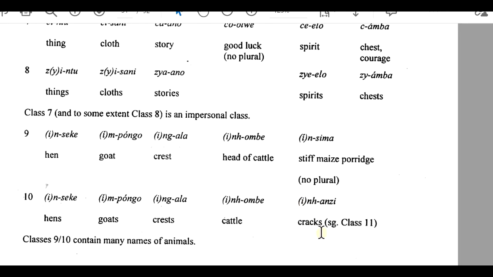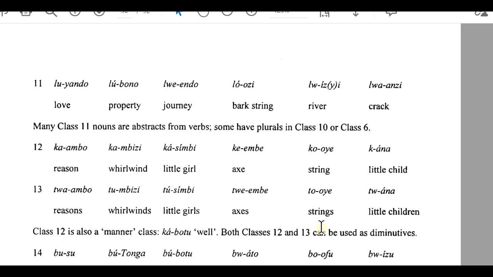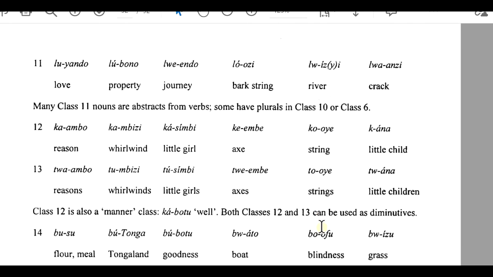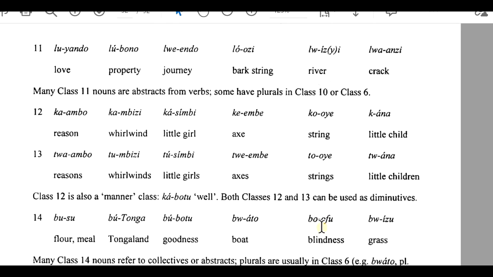I hope you're stopping the video and studying this if you need to. We have classes 11, 12, 13, 14. Notice that class 11 is some abstract verbs, such as the word for journey, or the word for property.